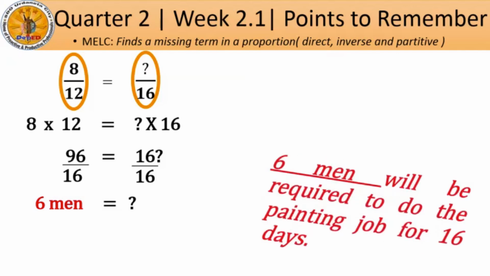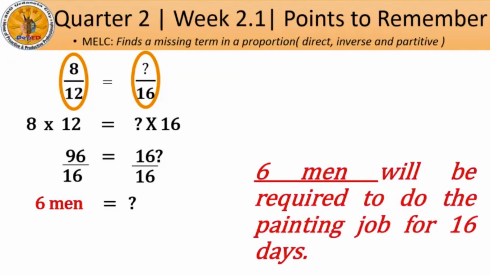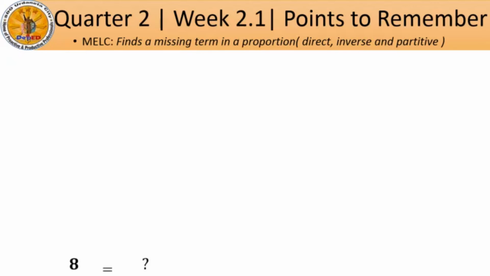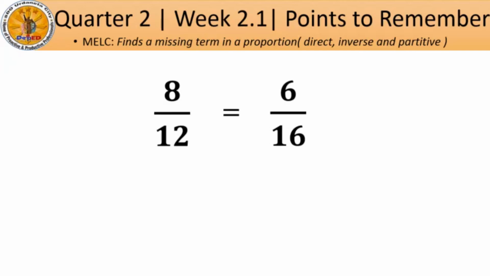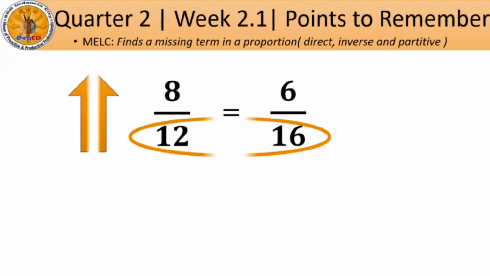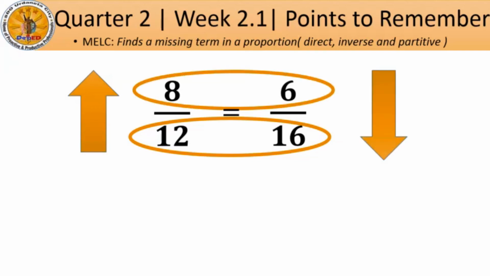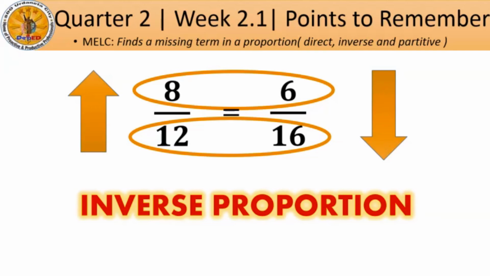So 6 men will be required to do the painting job for 16 days. We have completed our proportion. We have 8 is to 12 as 6 is to 16. What have you noticed in our proportion? Very good. As the number of days increases, the number of people working decreases. And that is inverse proportion.